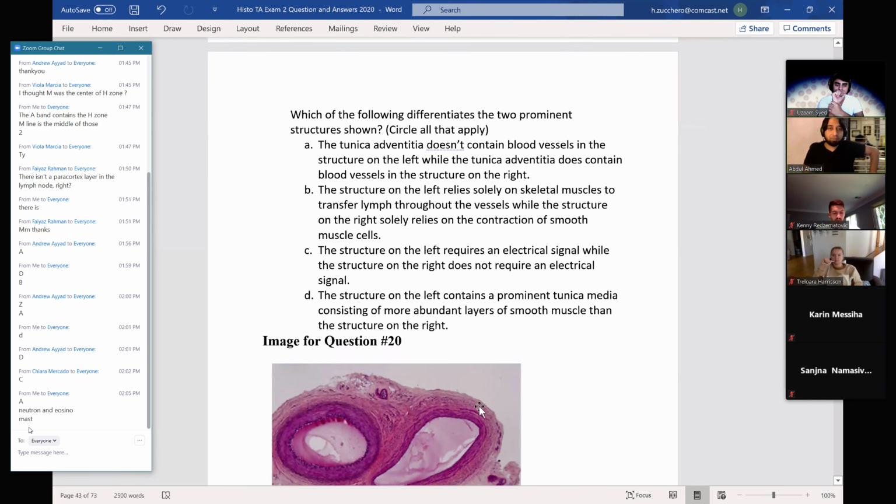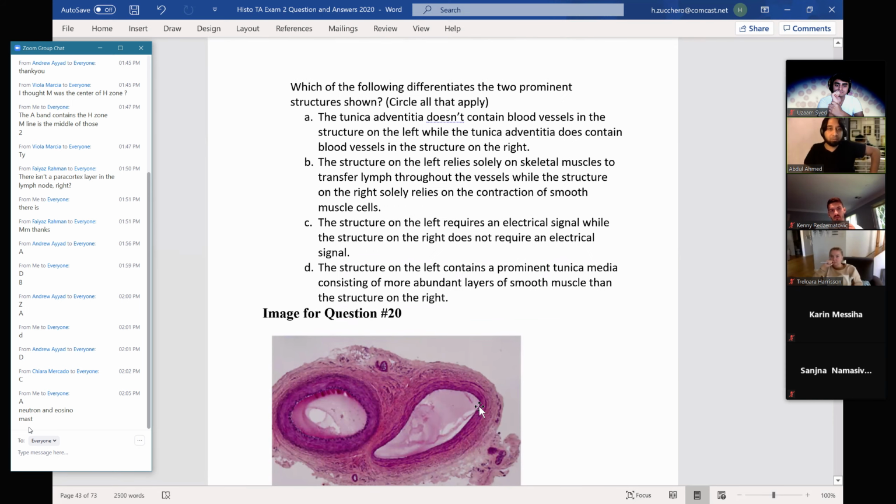So which of the following differentiates the two prominent structures shown below? I'll give you a couple of moments to do that.